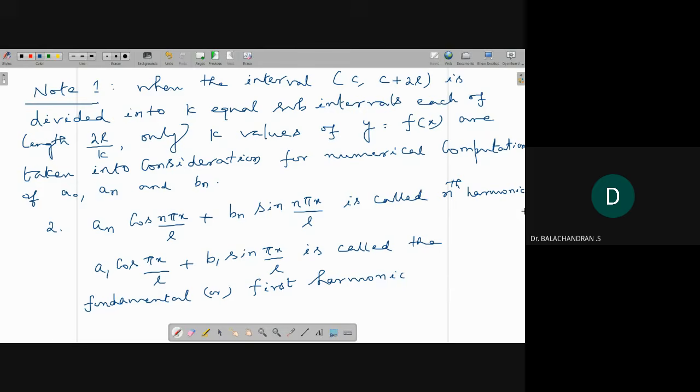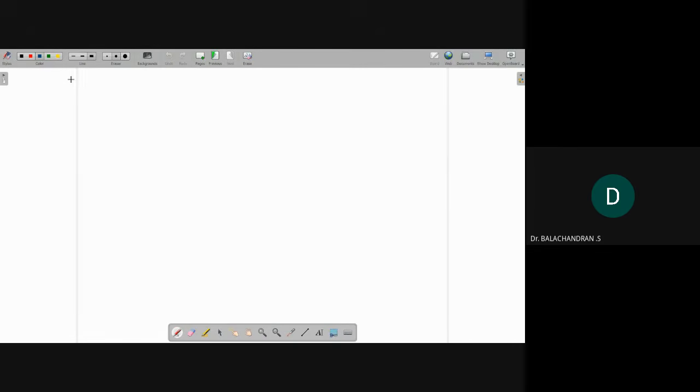And then similarly, for n equal to 2, we have A2 cos 2 pi x by L plus B2 sine 2 pi x by L, which is called the second harmonic.